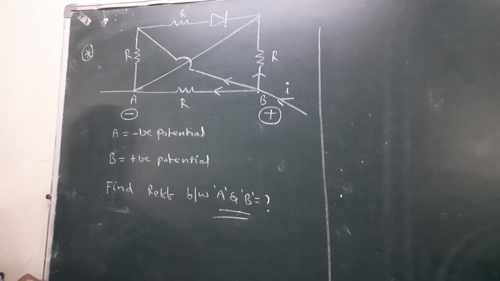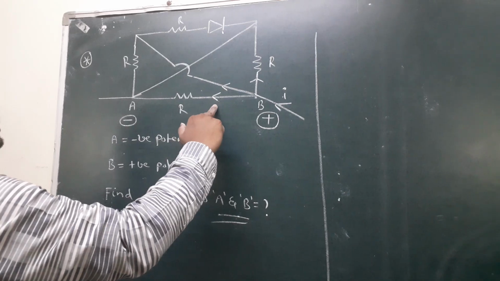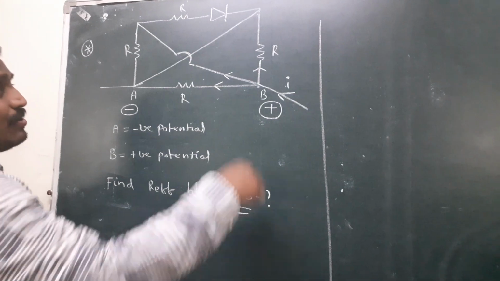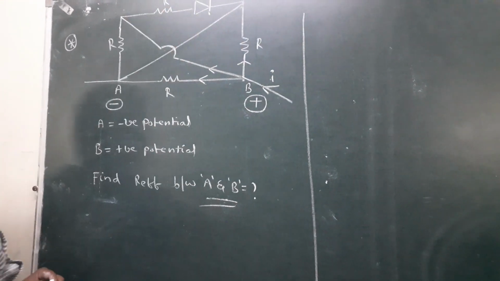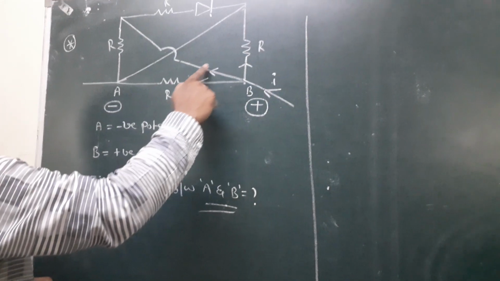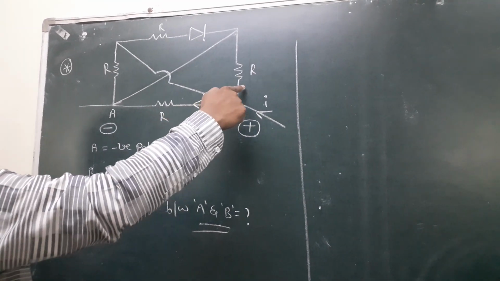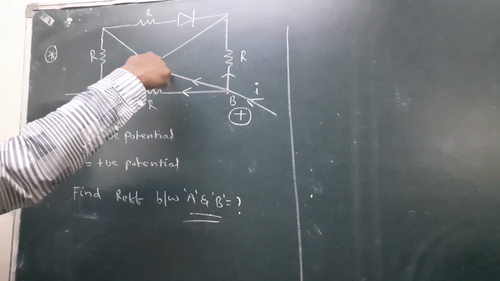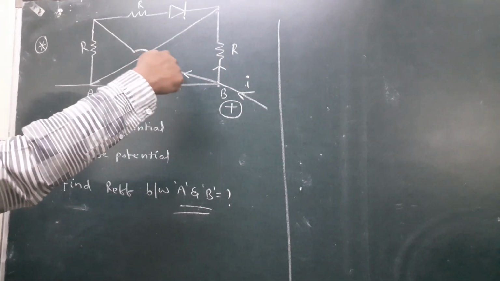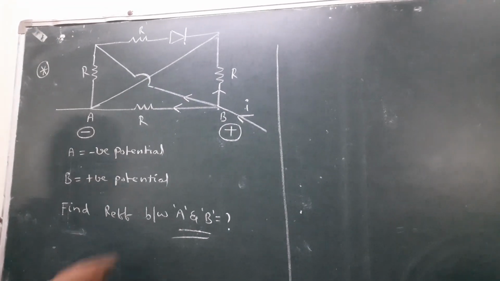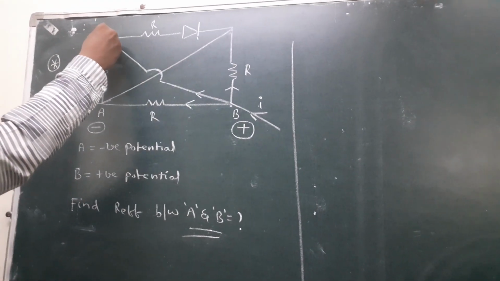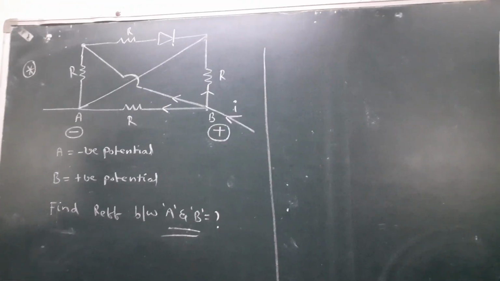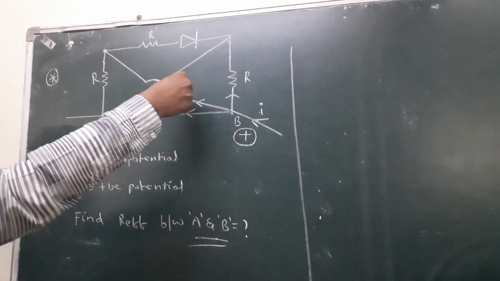This is the resistor. This is the conducting wire. Resistance becomes 0. This is also a resistor. Here resistance is there, here no resistance. So the current cannot reach immediately here, but it will reach immediately through the conducting wire. So the current quickly reaches this end. Look here, the current reaches this end quickly.